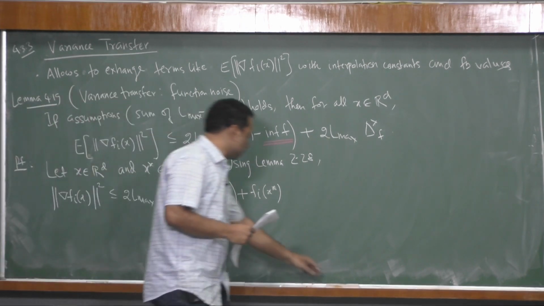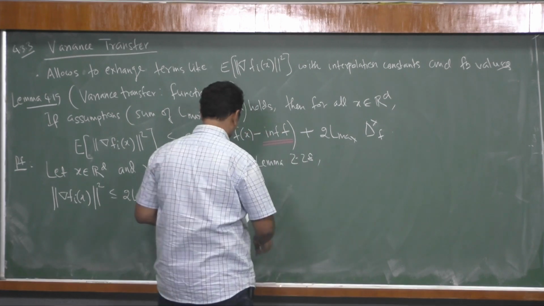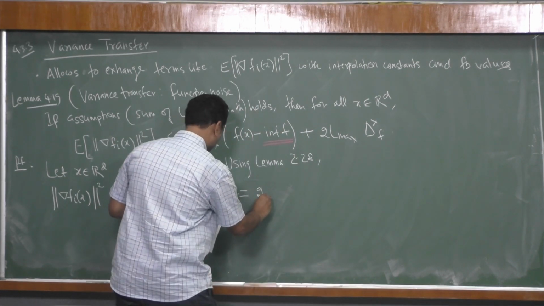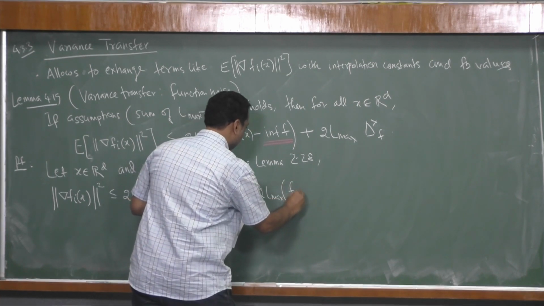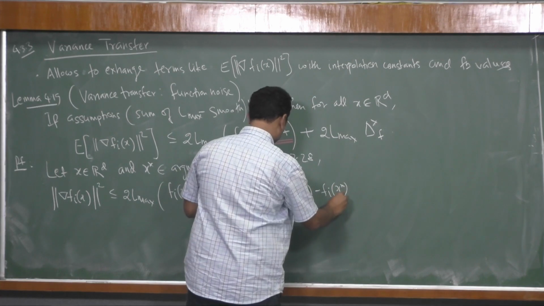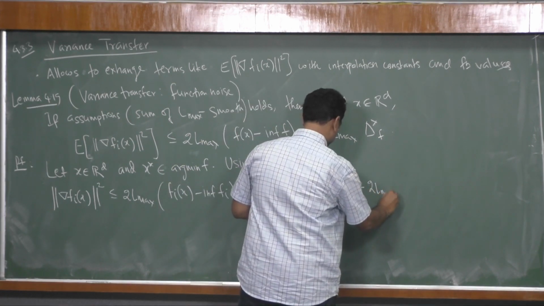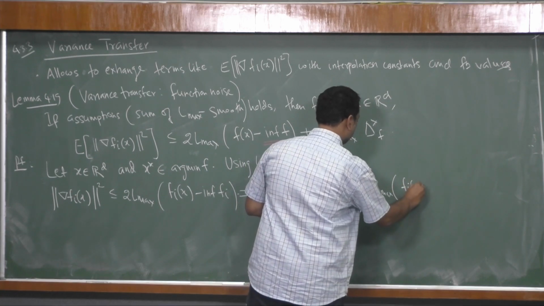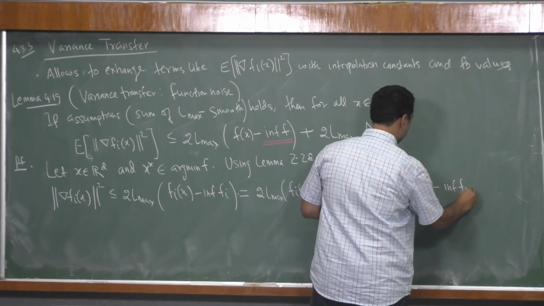So what I will do is an equality first and then do this in the next step. So this is 2 L max (f_i(x) minus f_i(x star)) plus 2 L max (f_i(x star) minus infimum of f_i).